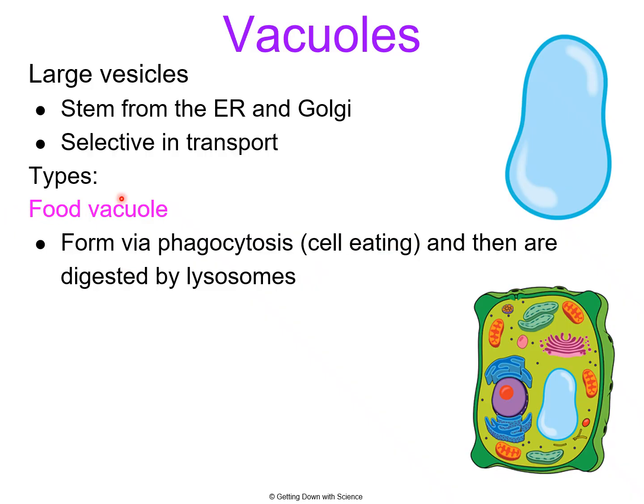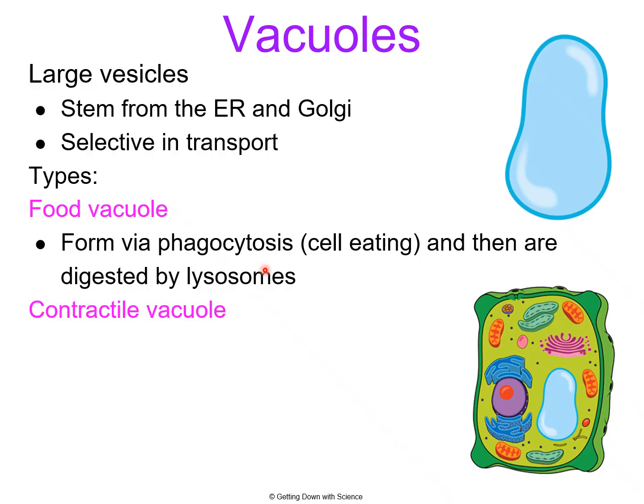They're formed by a type of active transport called phagocytosis, also referred to as cell eating, in which a vesicle takes in solid substances, and these can further be broken down by lysosomes. And remember, lysosomes are organelles that contain enzymes.